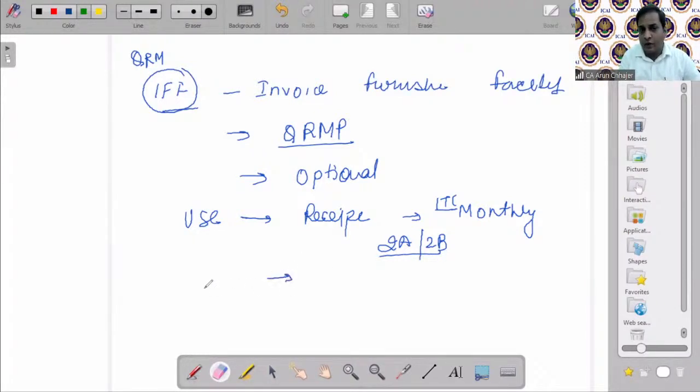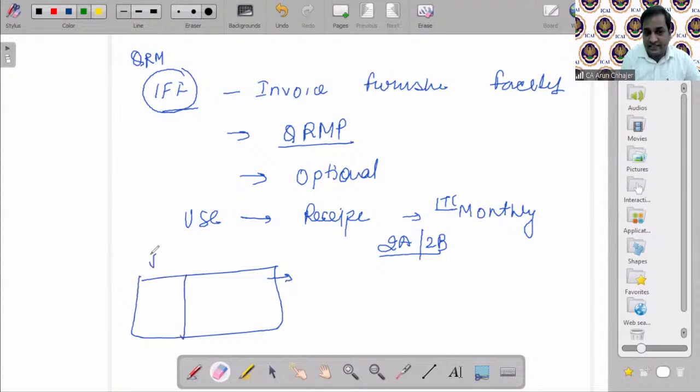In a quarter, there are 3 months. Let's say we are talking about the January to March quarter: January, February, and March. So going forward in the subsequent discussion, I will use month 1, month 2.